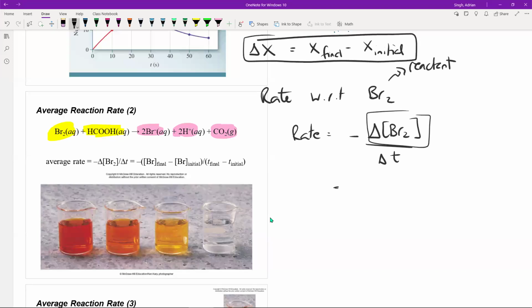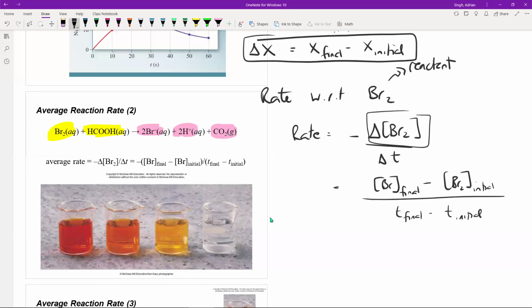So if I look at the change in bromine, that would be the final concentration of bromine minus the concentration of bromine initially. And then that's divided by the change in time, so T final minus T initial.